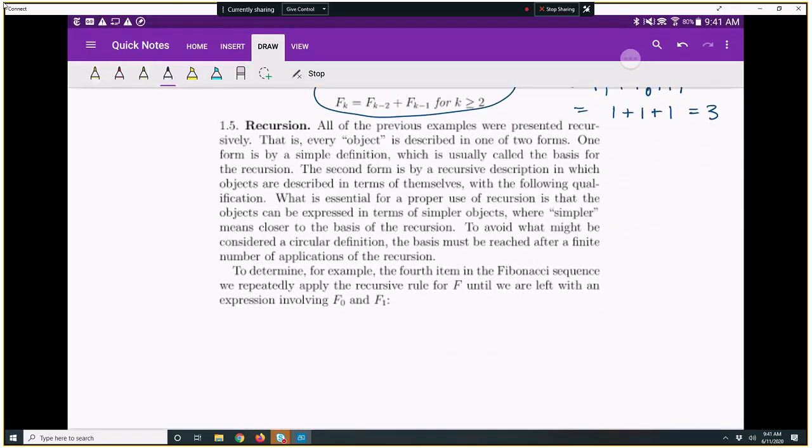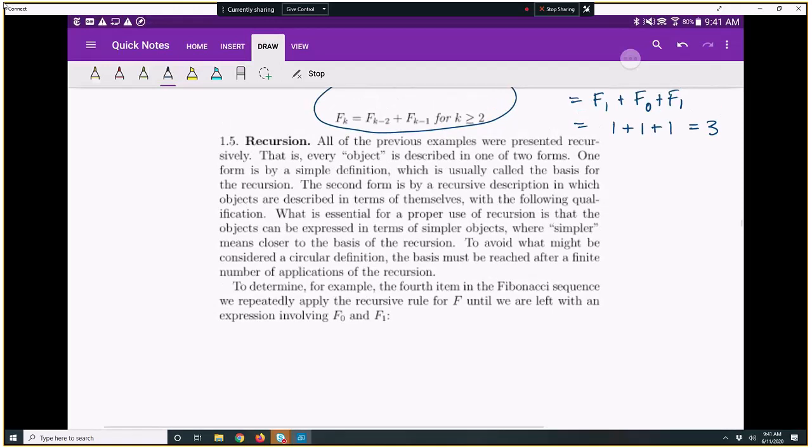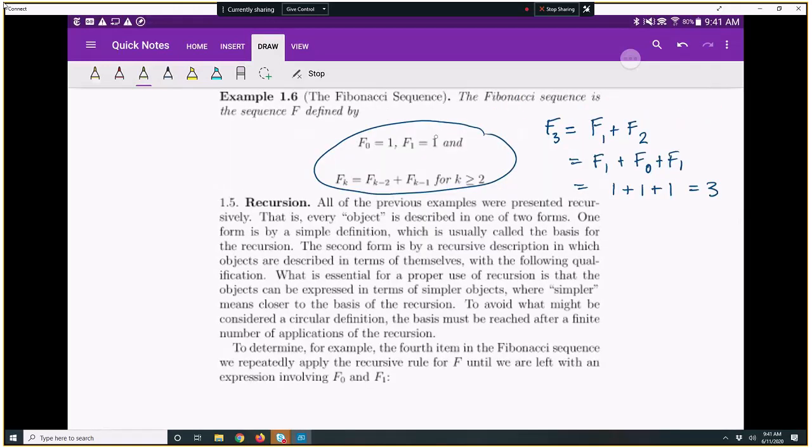So all of these examples were presented recursively, meaning that every object is described in one of two forms. One form is the simple definition, which is usually called the basis for the recursion. So the simple definition, the basis in this example, is just these first two, which are expressly defined. The second form is the recursive description, in which objects are described in terms of themselves with the following qualification.